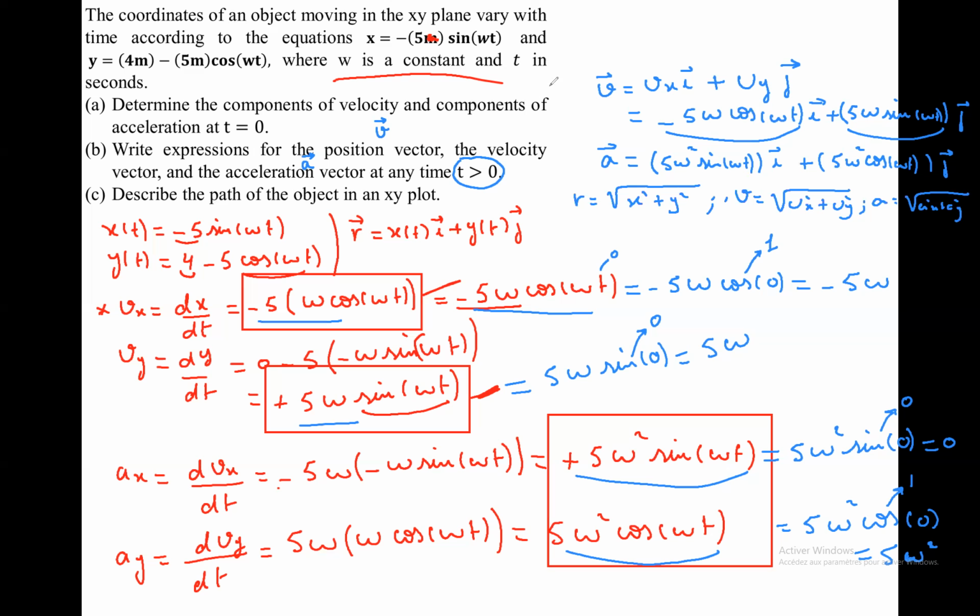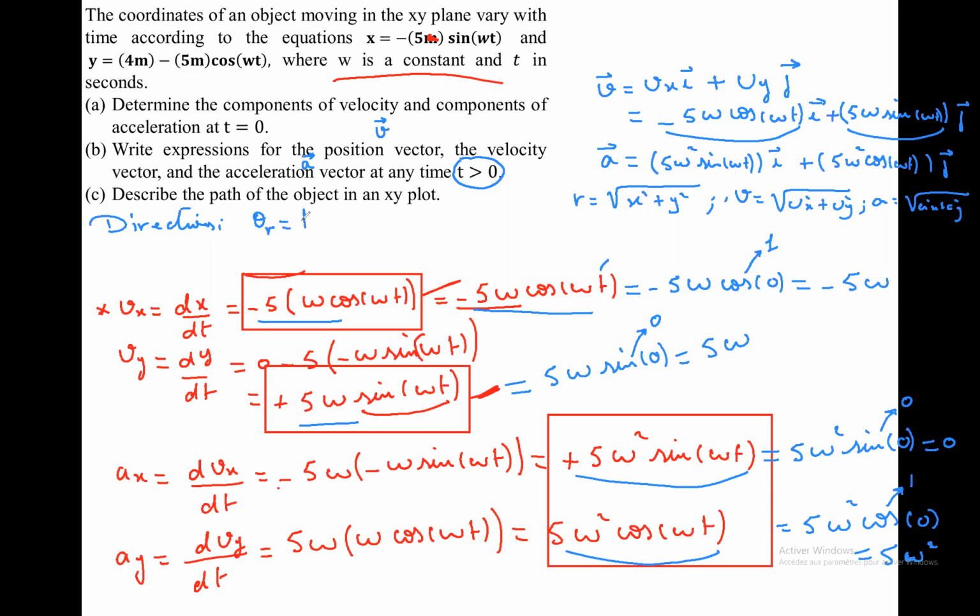If I ask you to calculate the direction of each one, the angle of the position vector equal tangent minus 1 of the y component over the x component.